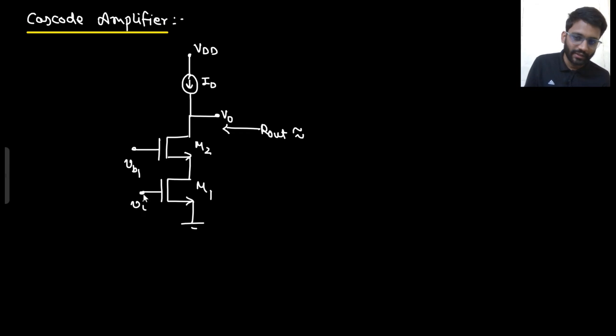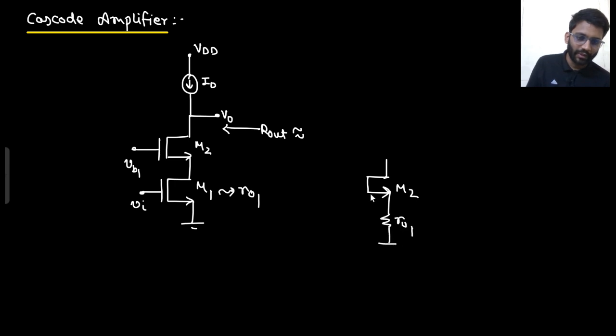This will be shorted, this will also be shorted. We are writing the output impedance, so V in is shorted. Then this MOS M1 will be replaced with r01. This is M2, and this is r02.